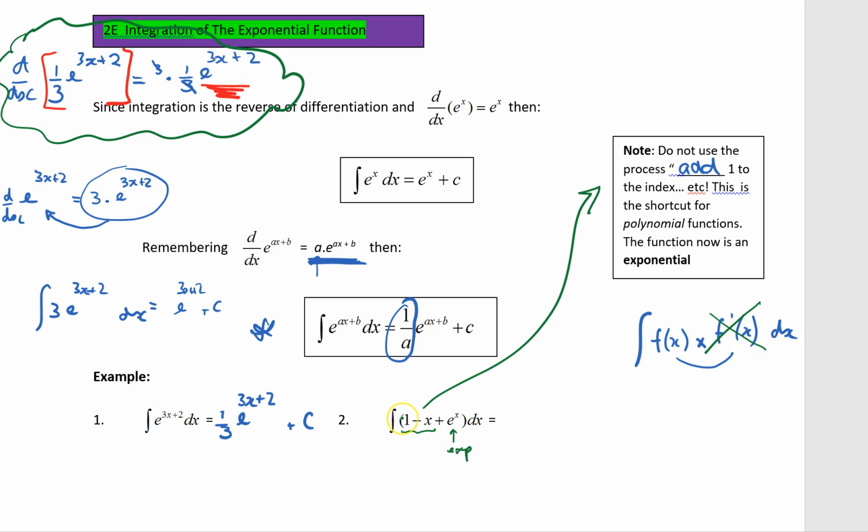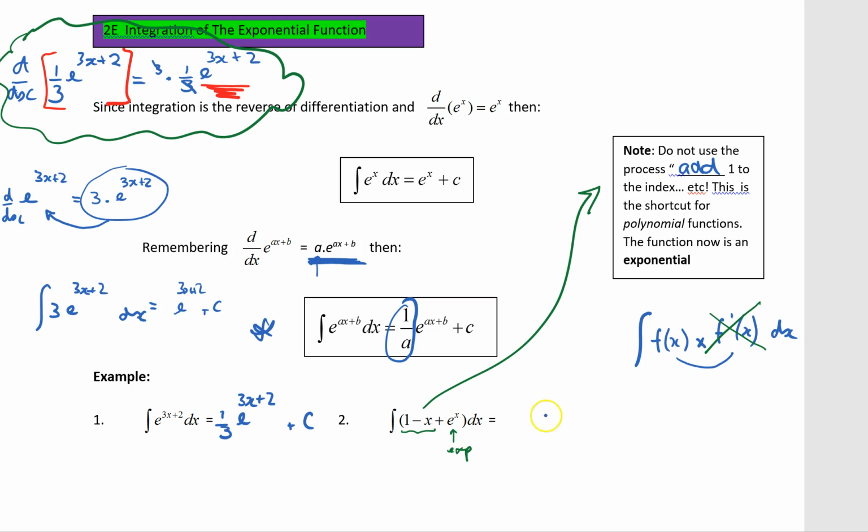They might still combine some polynomials in with exponentials. And as long as you recognise they're just polynomials, then you will integrate as you would have in the previous chapter on integration. So let's see how we go there.